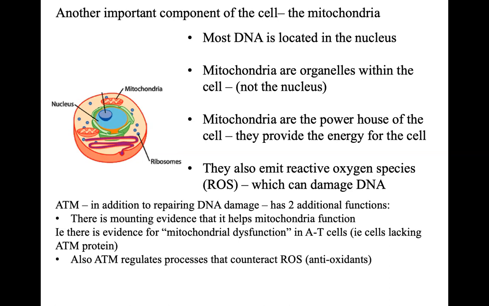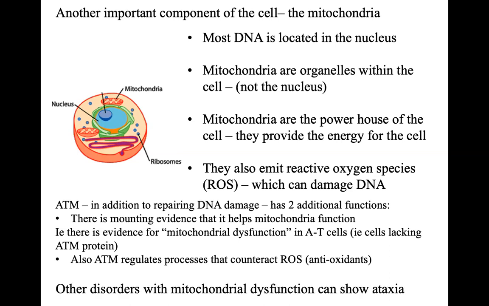But also ATM regulates processes that counteract these reactive oxygen species that are emitted from the mitochondria. So in fact, often mitochondrial dysfunction results in increased ROS generation, but then also ATM helps counteract that ROS. So it's like a double whammy of impact.